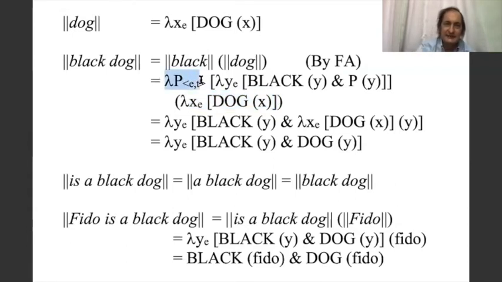This says find a one-place predicate that can substitute for P. You find it here, and you put it in place of P. Then you give back the result. That's everything between the brackets here. That result is here. Instead of a P, we now have lambda x, dog of x.